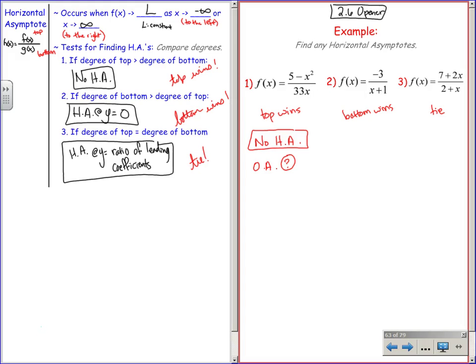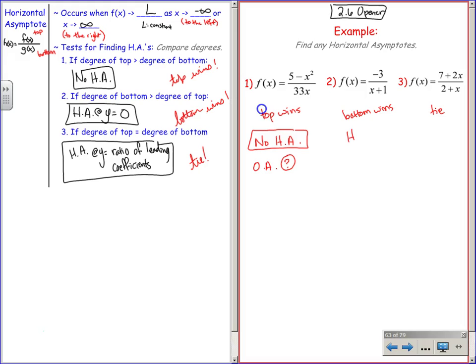X is going to infinity. The bottom is going to grow faster than the top. So it's going to be dividing, dividing, dividing, dividing, dividing. What's happening to your pieces? As we keep on going to infinity, what's going to happen to your piece? It's going to get so small it's not there. If you could realistically actually keep dividing, which we know eventually, you're like, well, sorry, that's all we got, right?